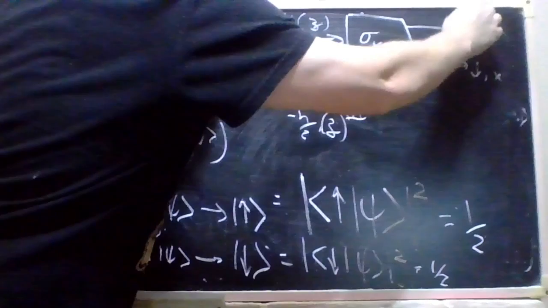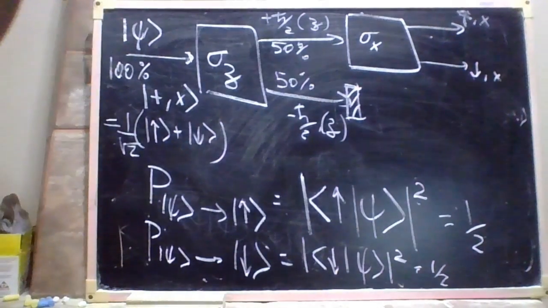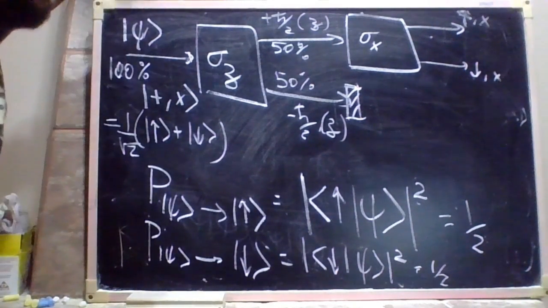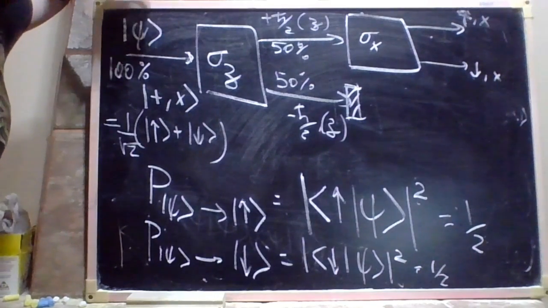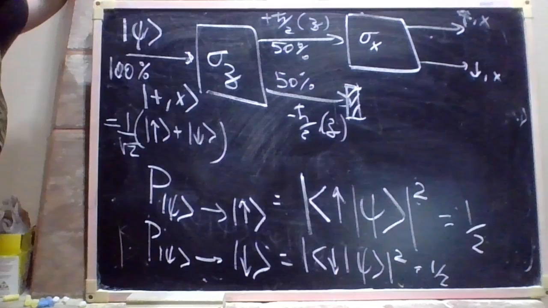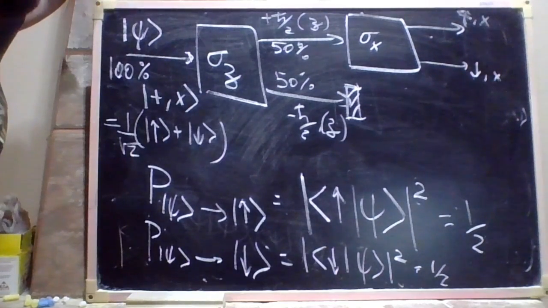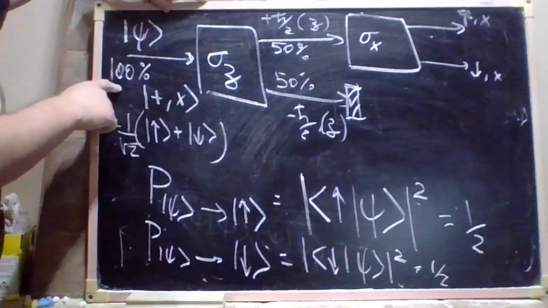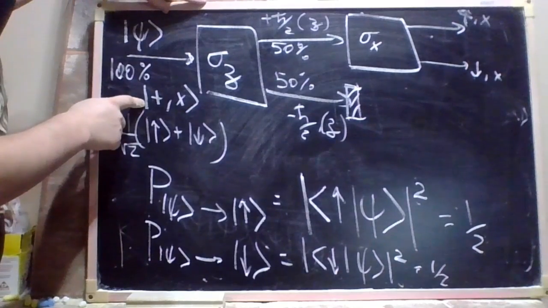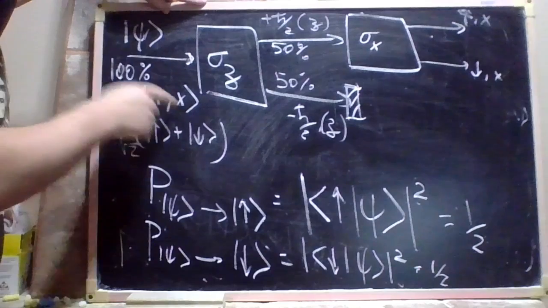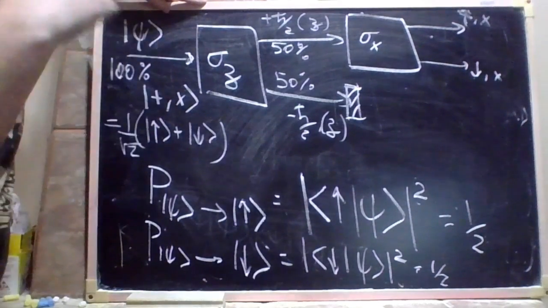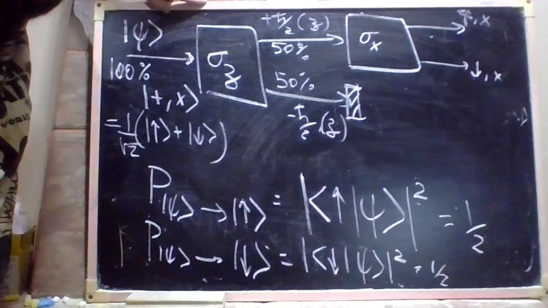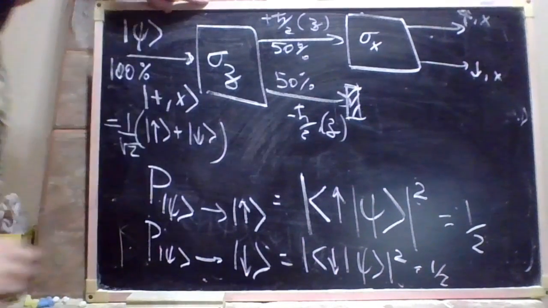If classical physics applied, then you would say, well, I already measured the x component of the spin, and I am 100% sure it's up, it's the plus state in the x direction. But in the quantum world, the order of measurements is relevant.